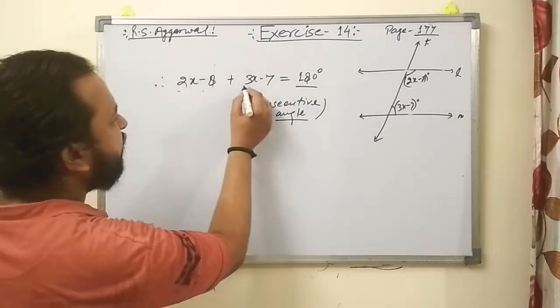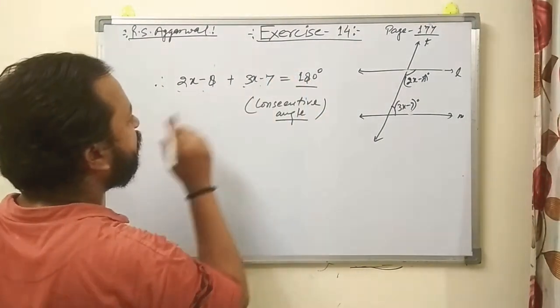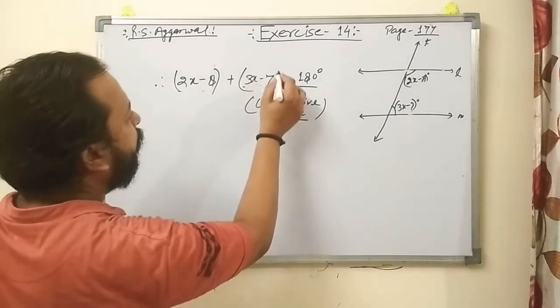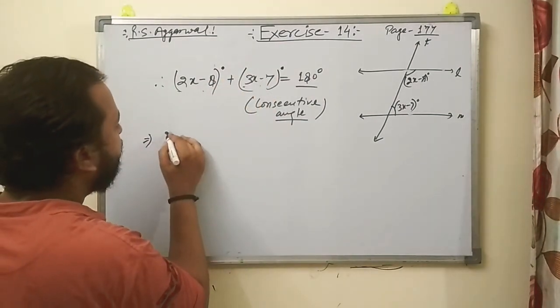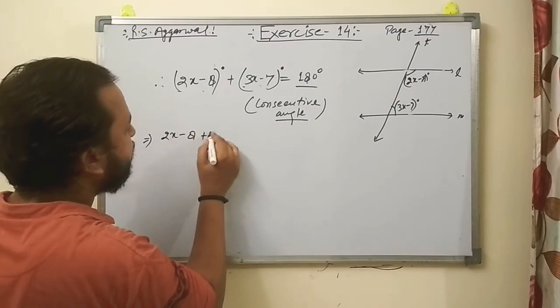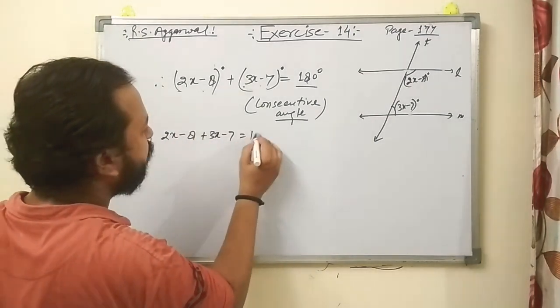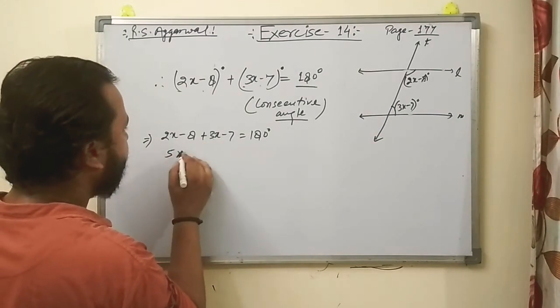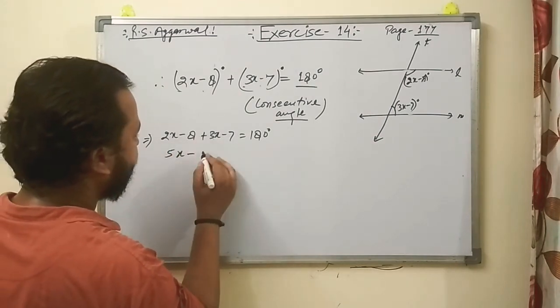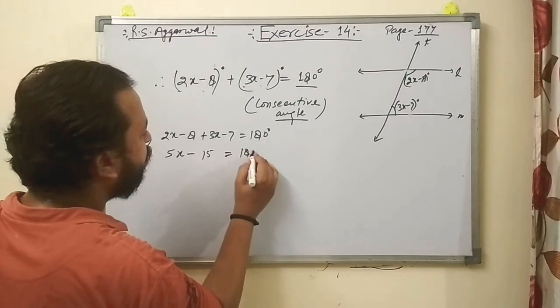So 2x minus 8 and 3x minus 7 is equal to 180 degrees. Just open the bracket. So 2x minus 8 plus 3x minus 7, that equals 180 degrees. So 2x plus 3x is 5x. 5x minus 8 minus 7 is minus 15. That is equal to 180 degrees.